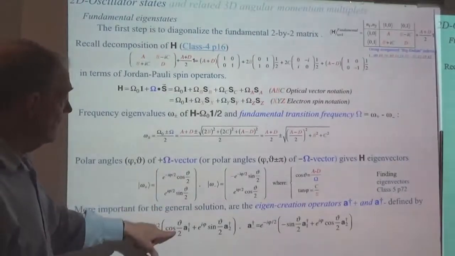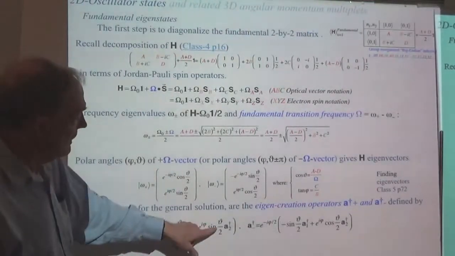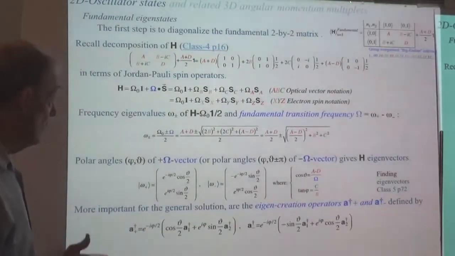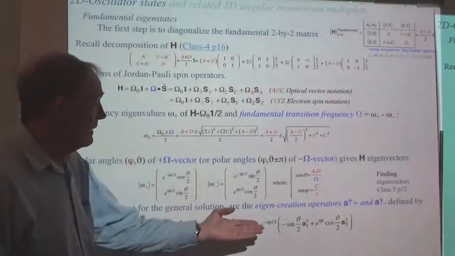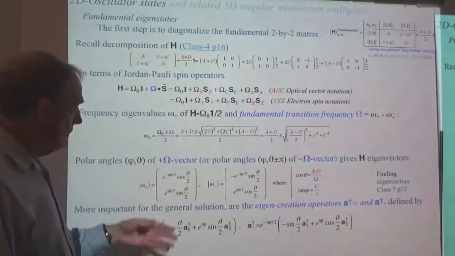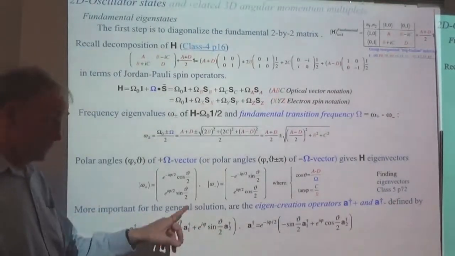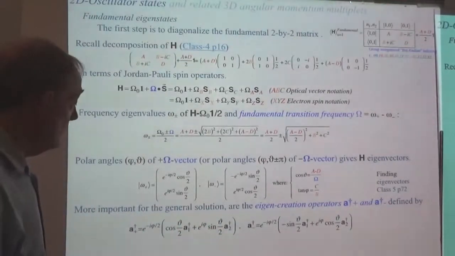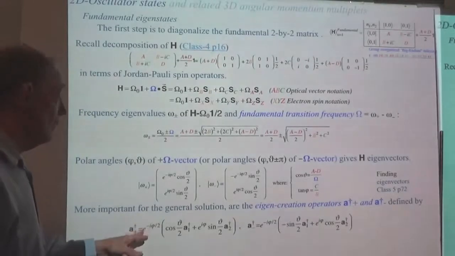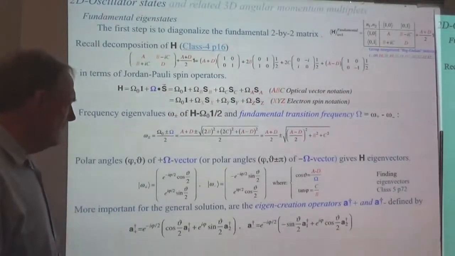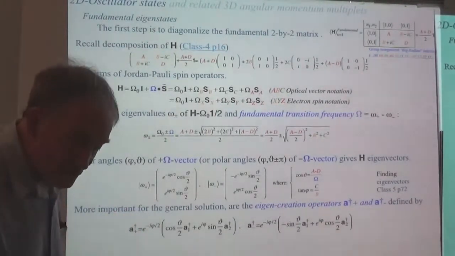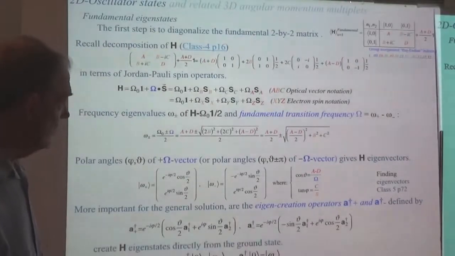Cosine's up here, and the plus sine is down here. Okay, so we're just rewriting this thing using these components, but the basis vectors are creation operators for the 2 dimensions. Then there's the overall phase, which we don't want to forget. It's part of the story these days.